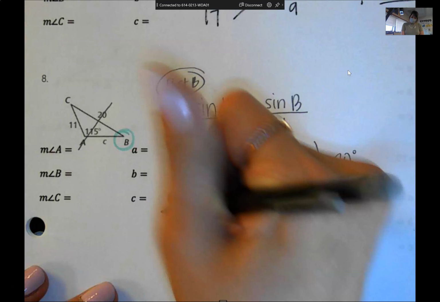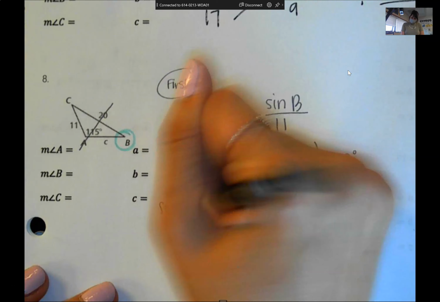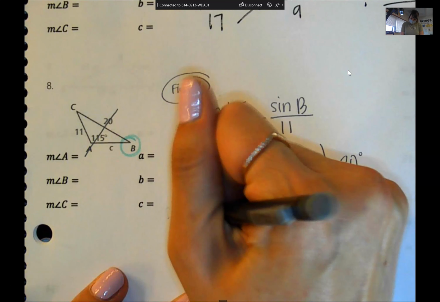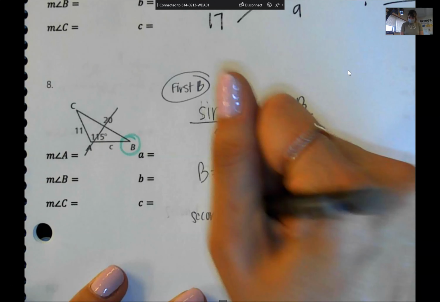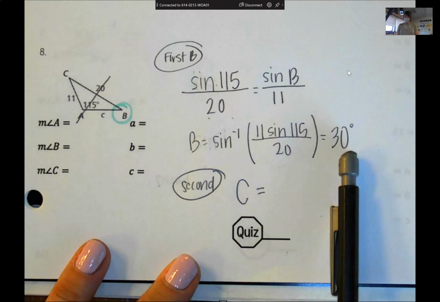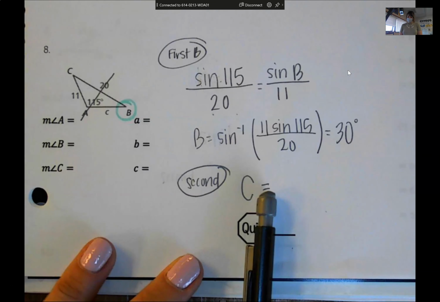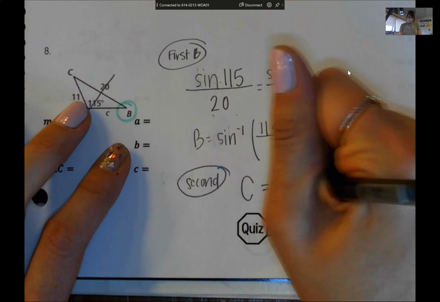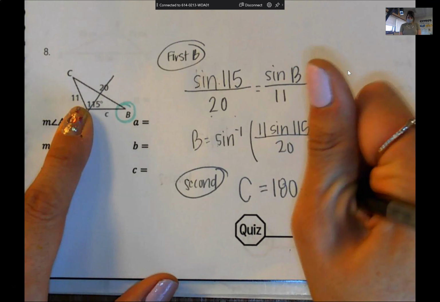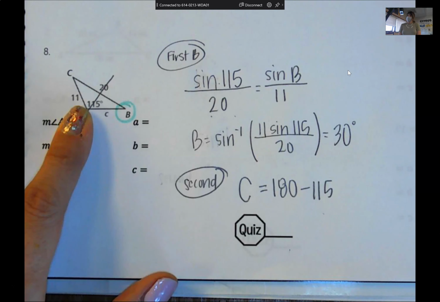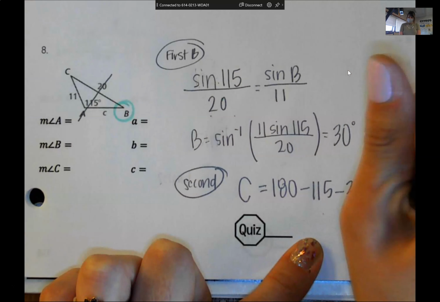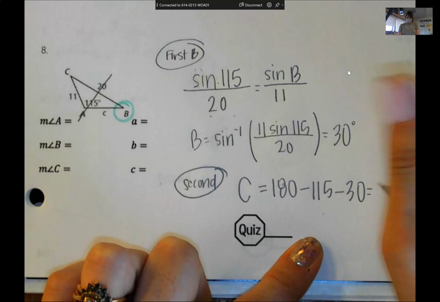Okay. Now, second, use that to find angle C. So we're going to use this 30 degrees to find angle C. So we're going to do 180 subtract the 115 in the triangle, subtract the 30 degrees we just calculated, and how much is that? 35?